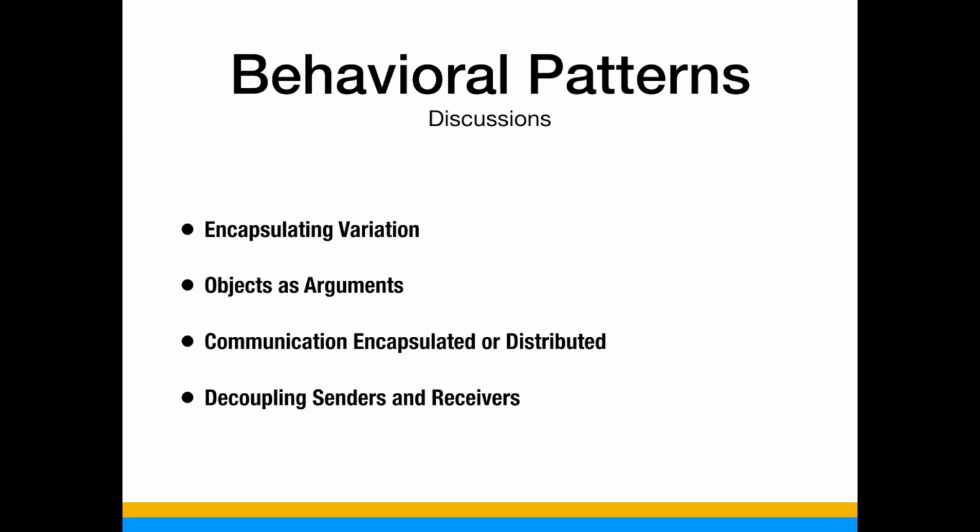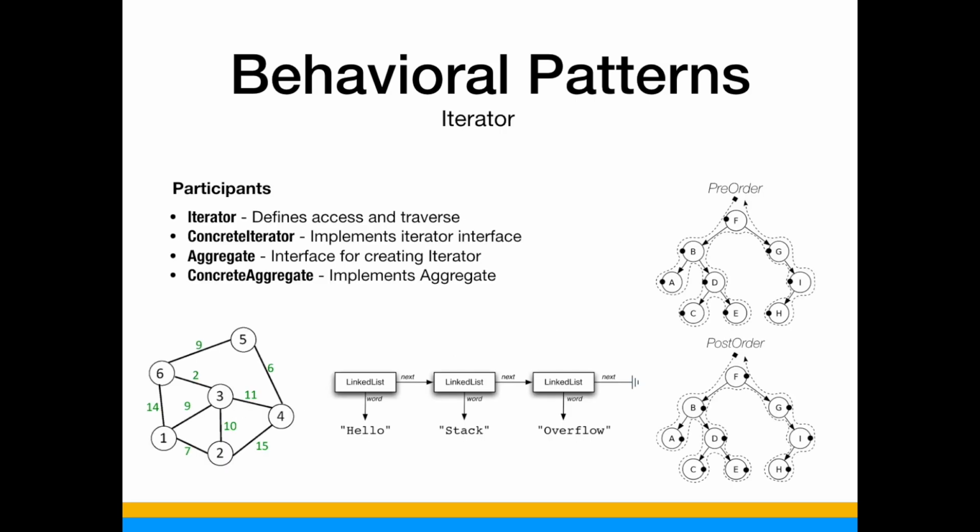And it also decouples the senders and receivers. In the case of the restaurant, it decouples the customer from the waiter from the chef. And it's not all solved in the same role in the entire program.